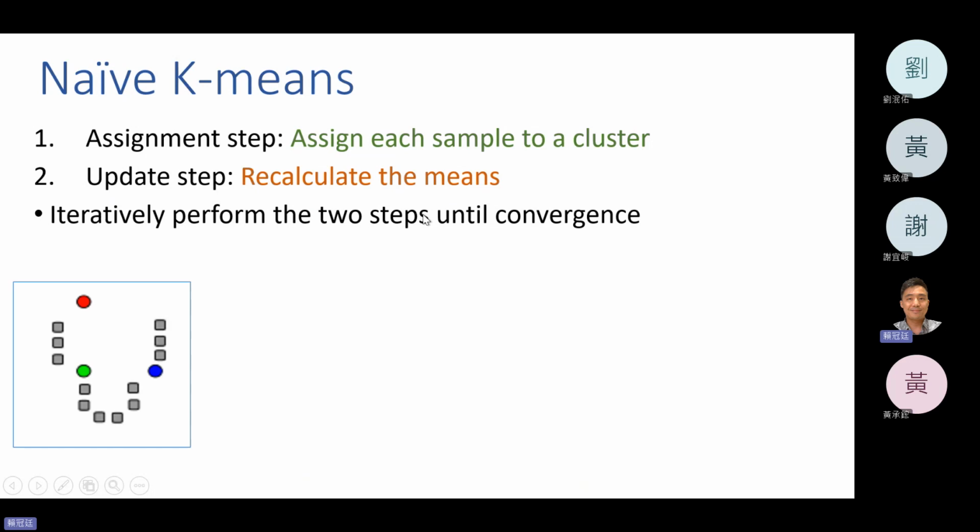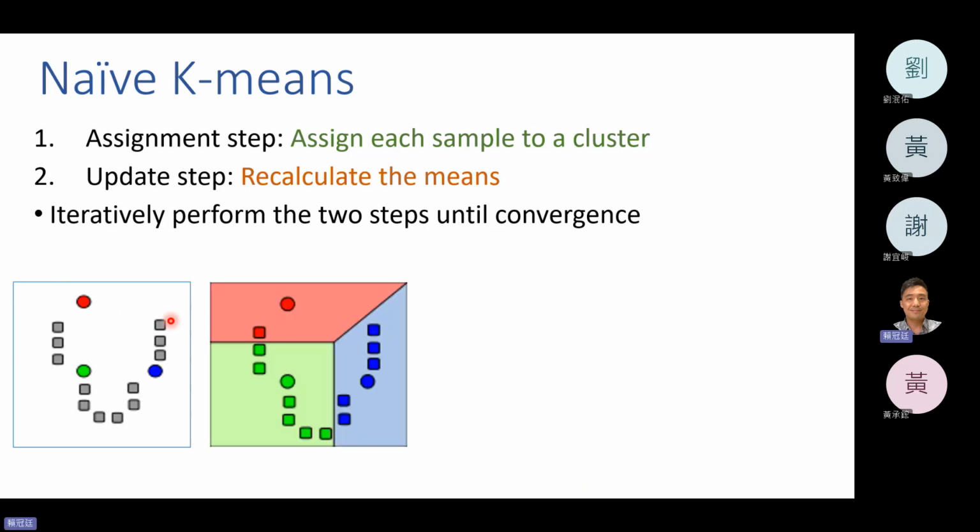So let's see an example. Suppose we have a grayscale square. So we have a data set. Black blocks are the data. And then we assign k equal to 3, so we have 3 means. We randomly assign 3 means, right?